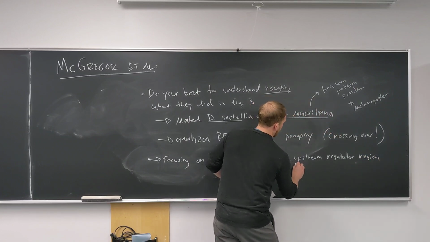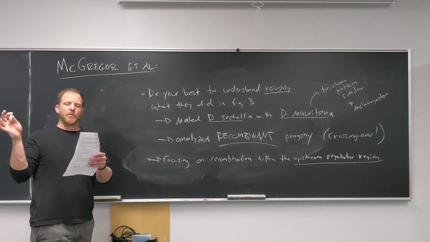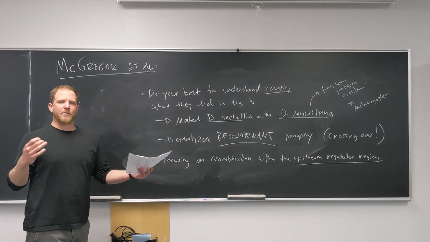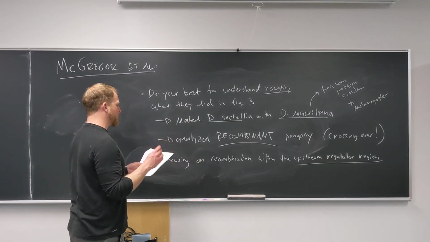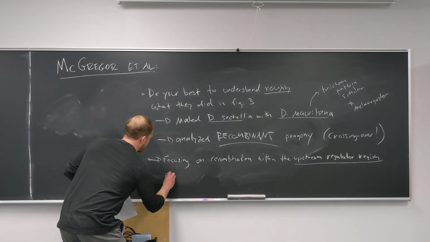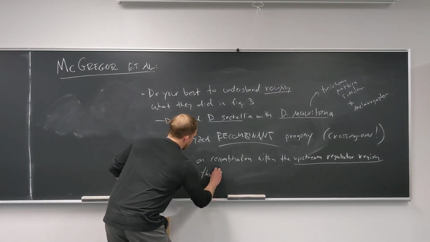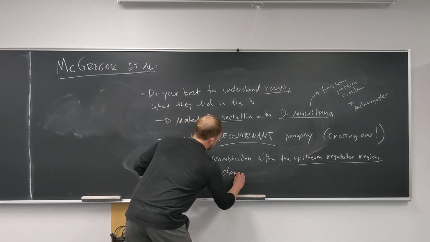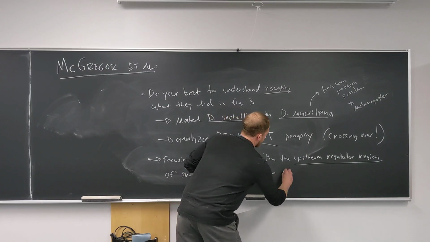By this I mean that region that includes all the enhancers. It's the upstream region of a gene that contains a lot of regulatory elements. So they're looking for recombination within the upstream regulatory region of SVB, and that then changes trichome patterns.